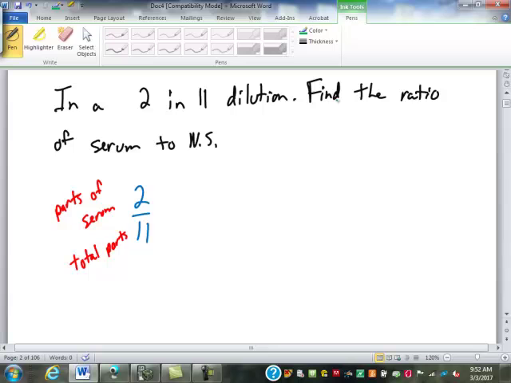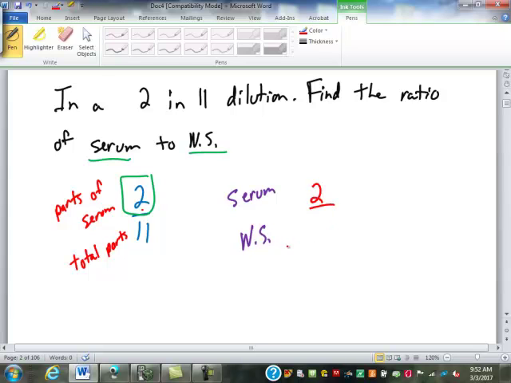So we want the ratio of serum to saline, serum to water. So the 2 represents the serum, but the 11 does not represent the water. So if I want the ratio of serum to my normal saline, can I still use the 2 for serum? Yes, I can.